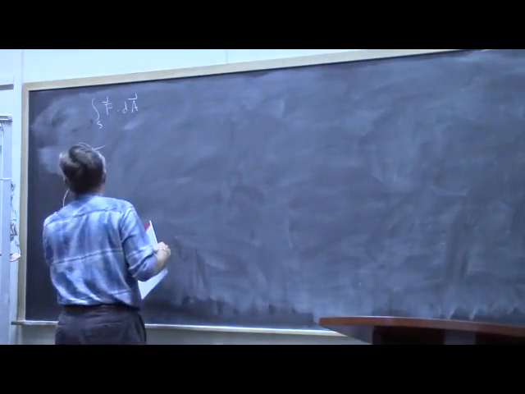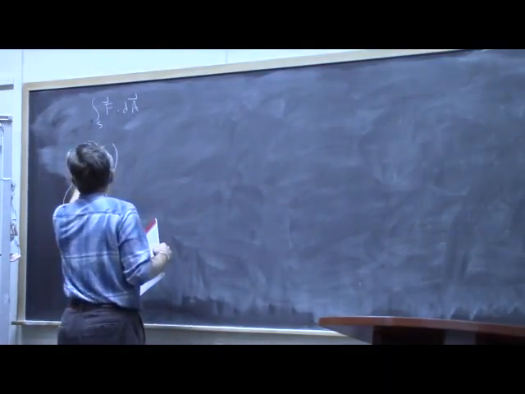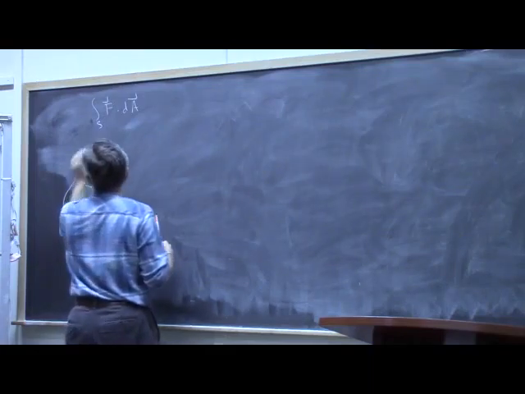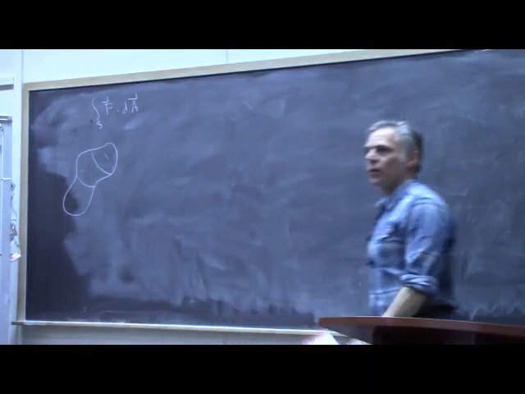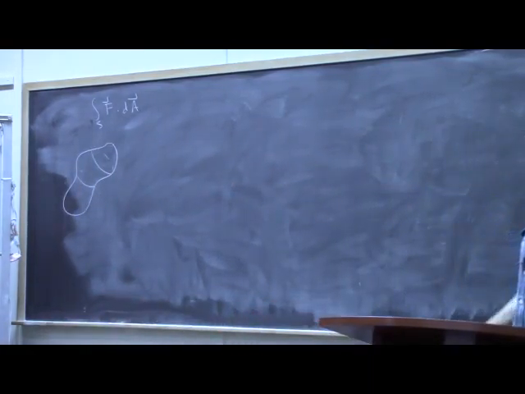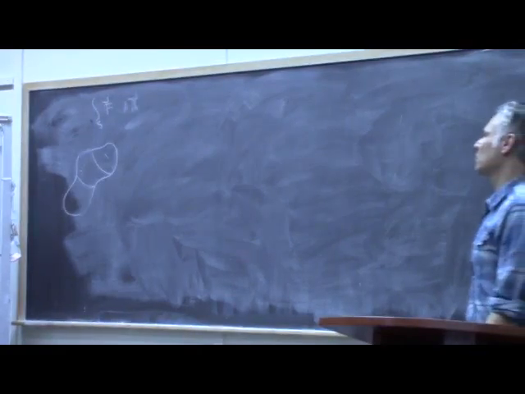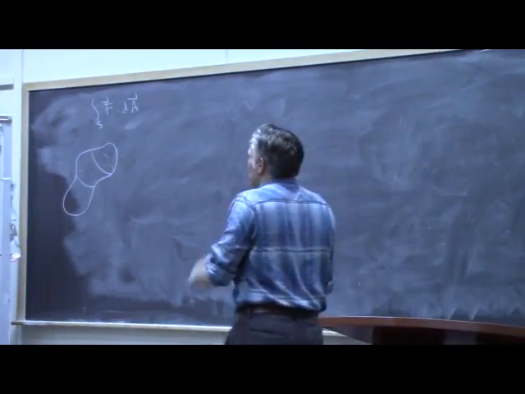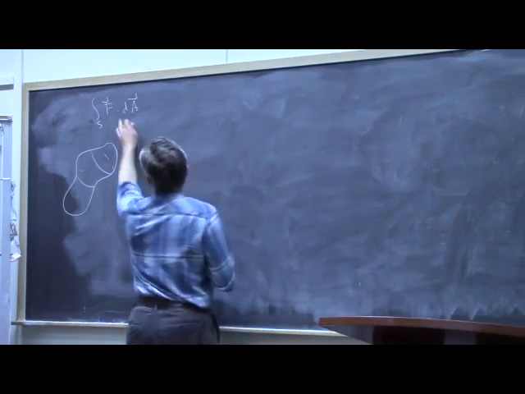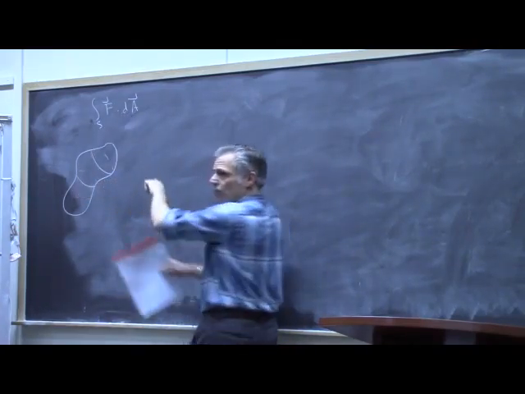So this could be a potato, who knows what it is. But we want to know some flux out of some surface. The point is, it doesn't have to be a rectangle or a sphere. It could be some kind of strange thing. So this is flux out of the entire surface.